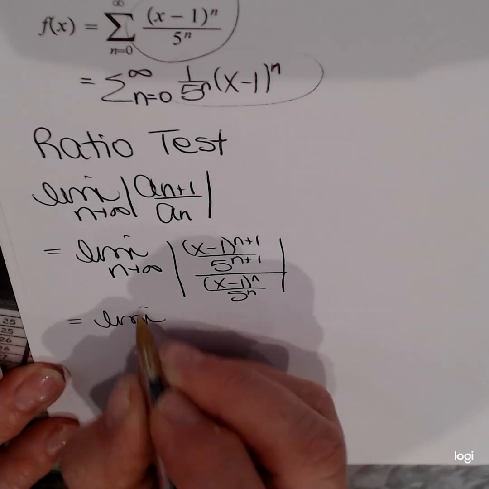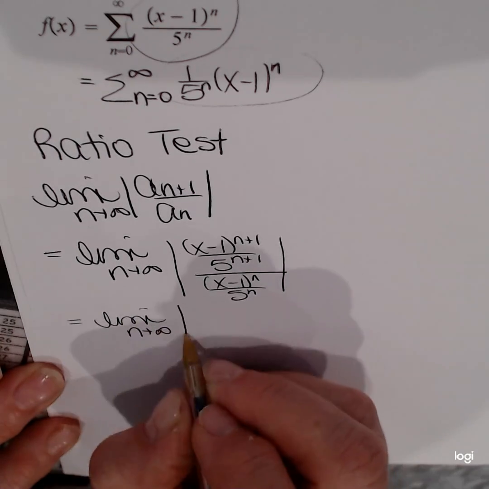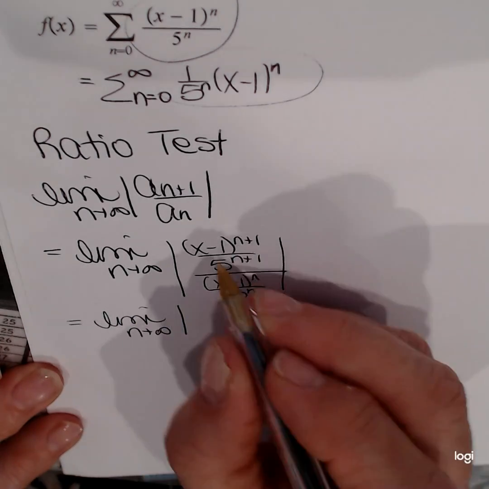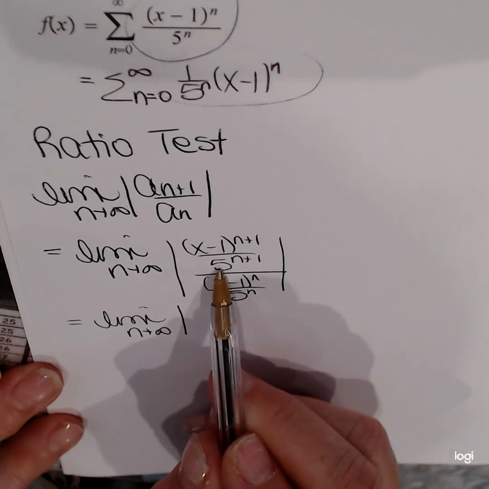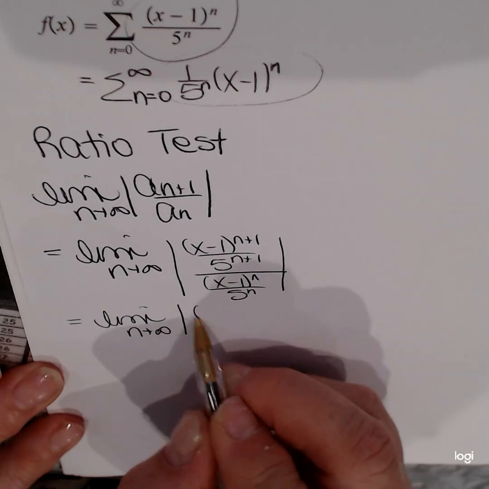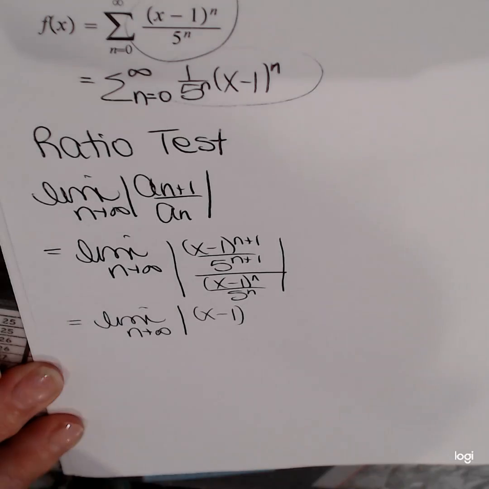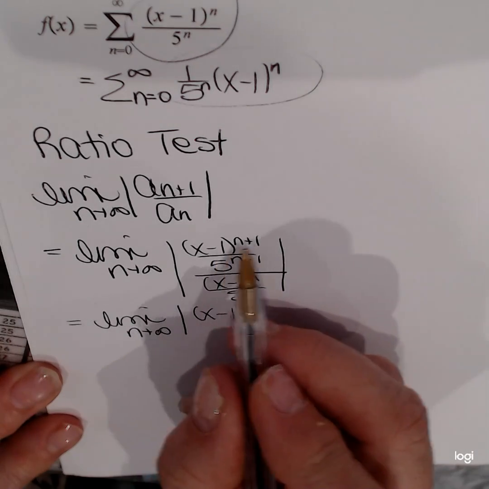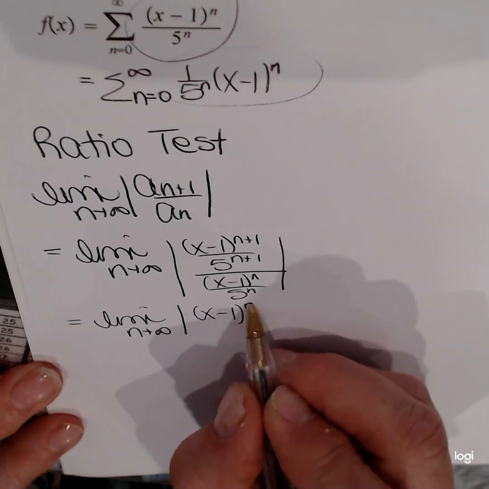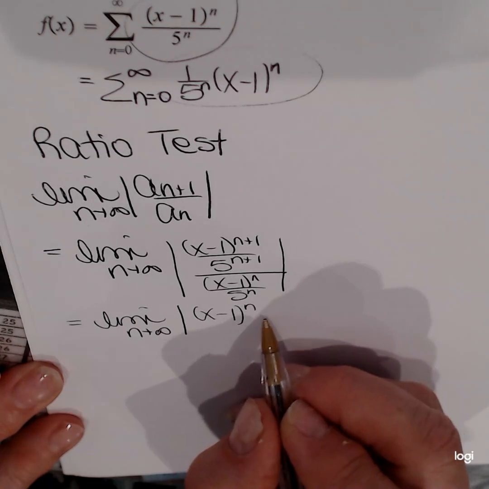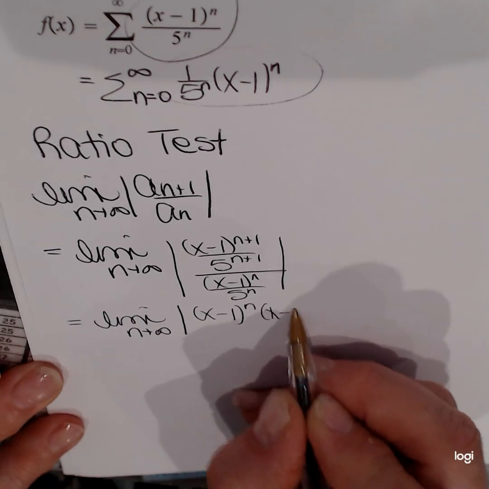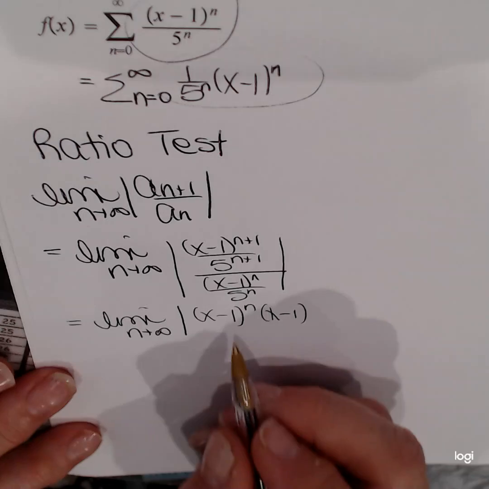So this gives me the limit as n approaches infinity. Now, I'll still have the x minus 1 to the n plus 1 over 5 to the n plus 1, but let me do a little bit of creative math on that as well. Instead of writing x minus 1 to the n plus 1, I'm going to write it as x minus 1 to the n times x minus 1, because that's what it means to be to the n plus 1 power.